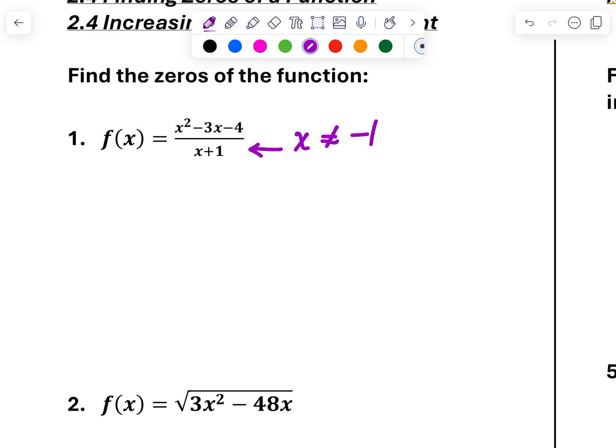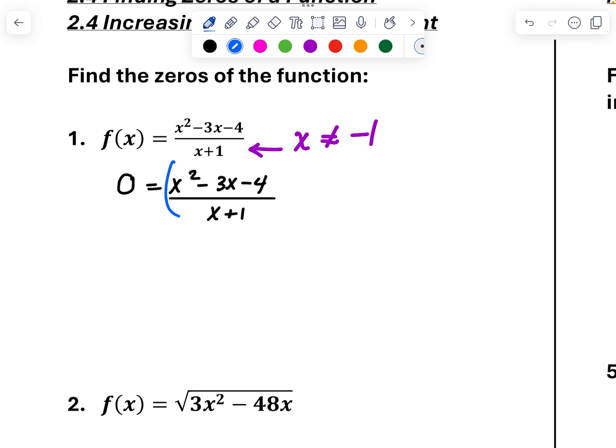Okay, so then what I'm going to do is I am simply going to take out the f of x and replace it with the number 0. So I am going to rewrite the problem to say 0 is equal to x squared minus 3x minus 4 divided by x plus 1.